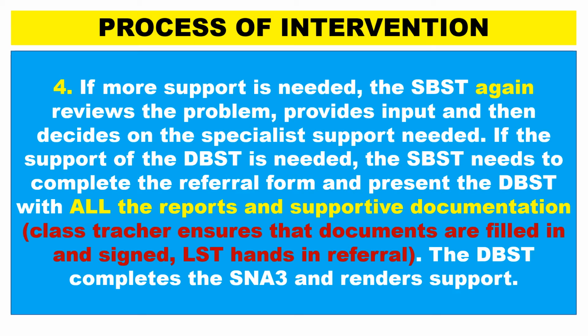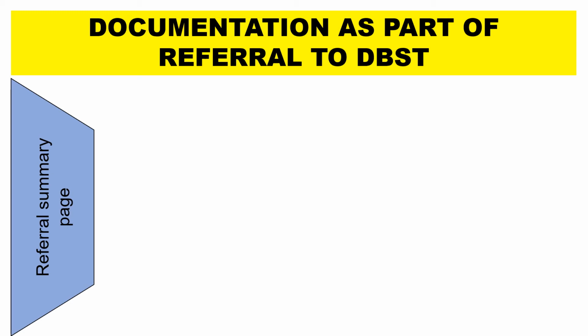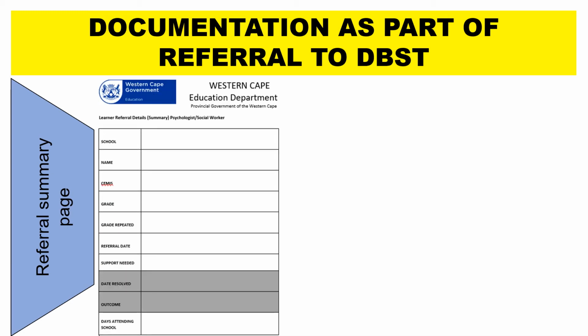In order to do that, there are a lot of forms that need to be filled in. Documentation as part of a referral process. First of all, when we refer to the district-based support team, there is a summary page that the LST will complete.